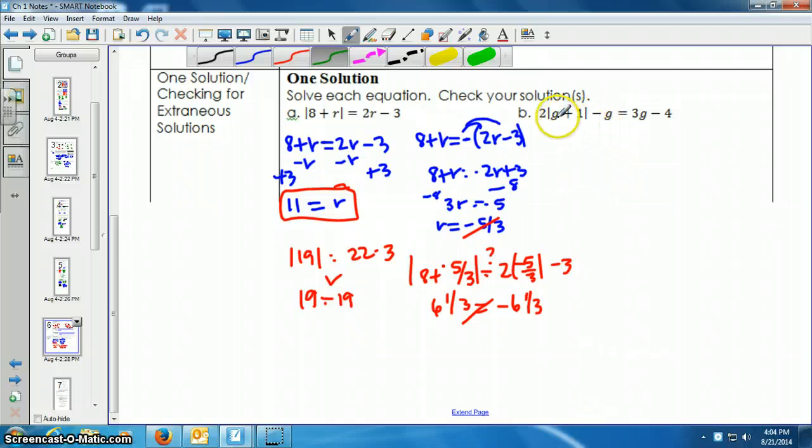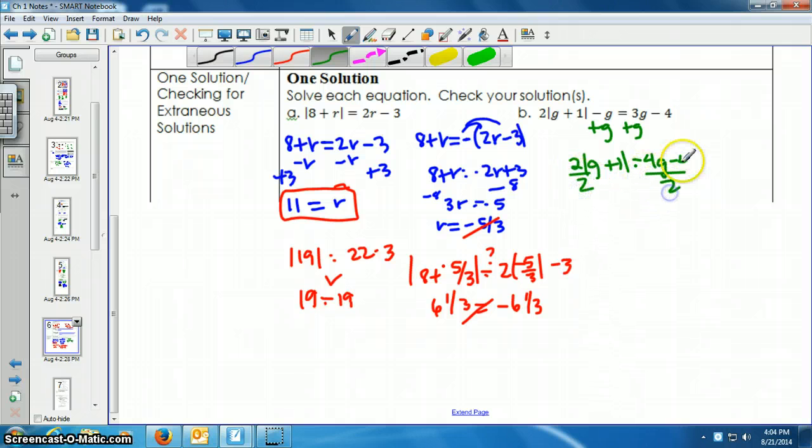So first step is to get the absolute value alone. So you'd add g and then you'd divide both sides by 2. And then you'd set up both equations. So divide by 2, 4. So the absolute value of g plus 1 equals 2g minus 2.